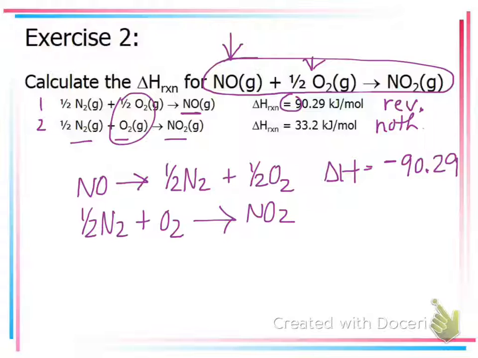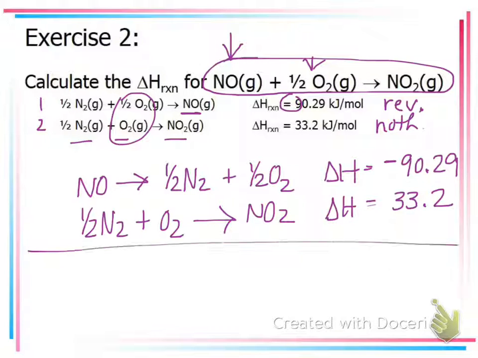Okay? And then since I did nothing to that, I'm going to keep delta H the same. And then I'm going to add and cancel. So I see that I have half of a nitrogen on both sides, so they cancel out. I have half here, which is going to cancel out and make this one become a half.